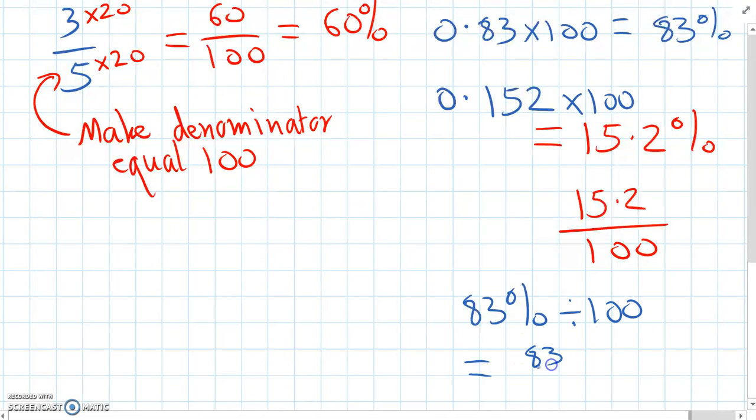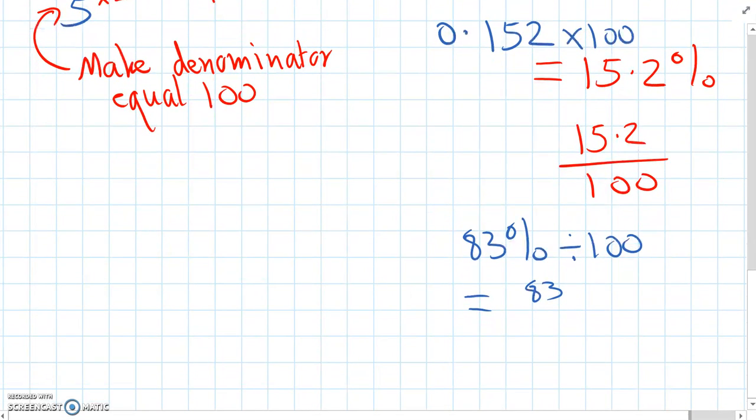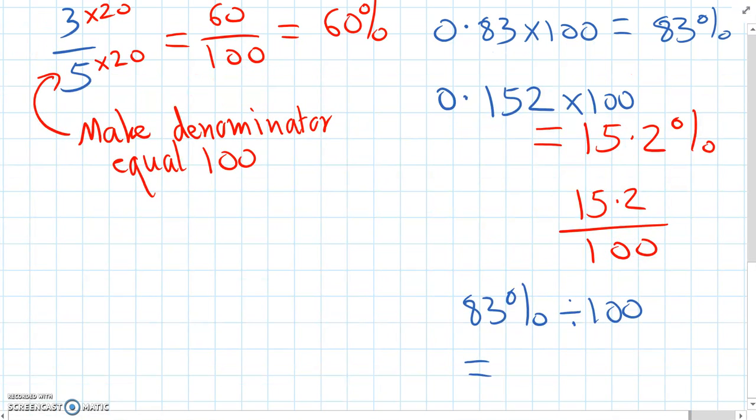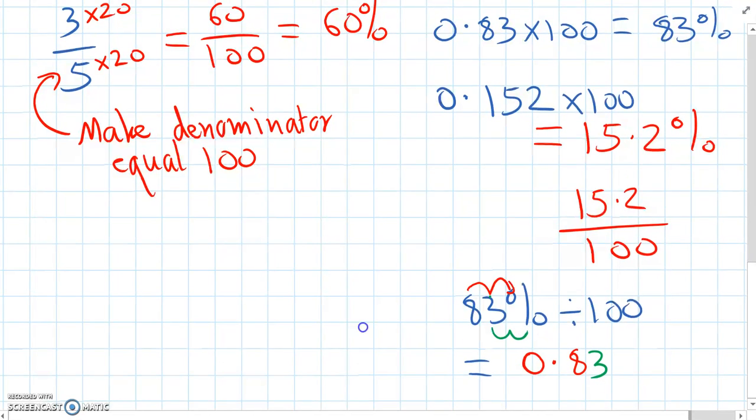So 83 divided by 100 means the place values move back 2 positions. So the 8 goes back to the tenths, and the 3 goes back 2 positions to the hundredths, 0.83.